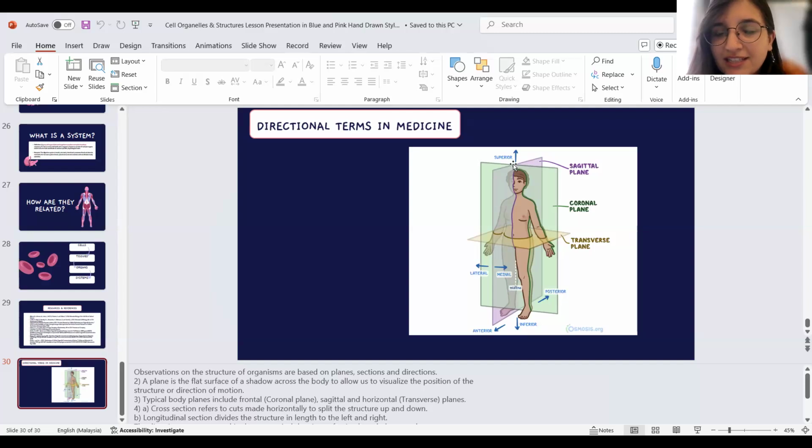The superior is the one heading towards the head, and towards the feet part is the inferior. The plane that divides the superior and inferior is called the transverse plane, also known as the horizontal plane. Horizontal because it's horizontal like that.